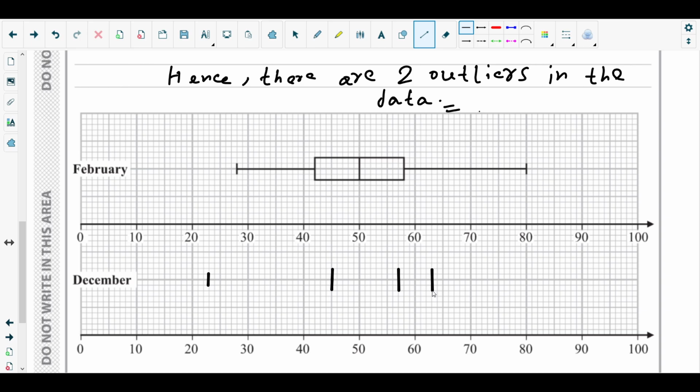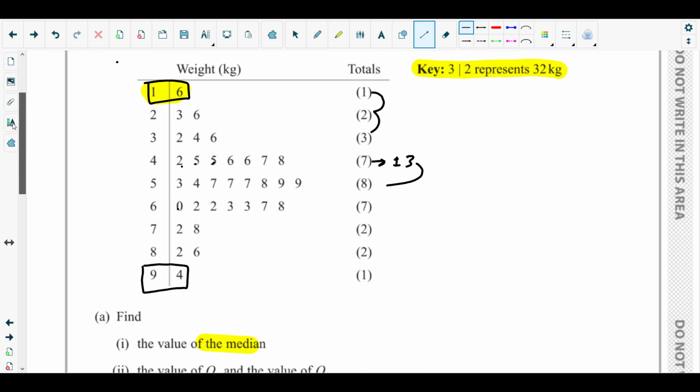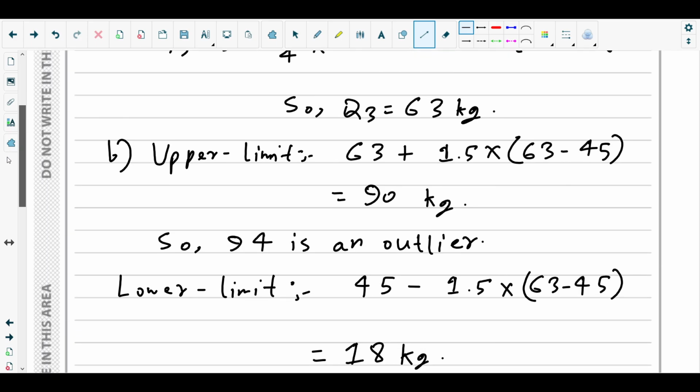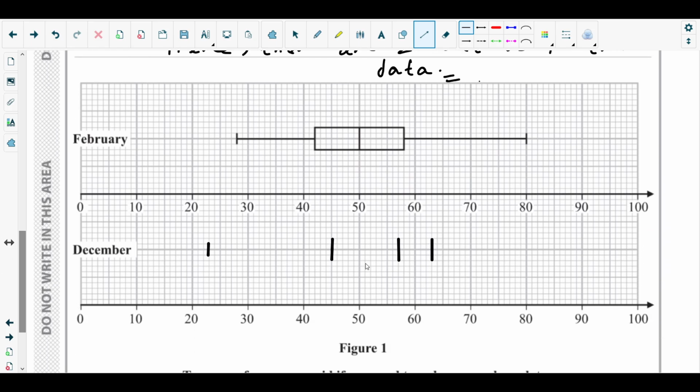And the upper range: there is an outlier. 94 is an outlier, so the upper limit would be 86. 94 has been considered an outlier, so 86 is the upper range.